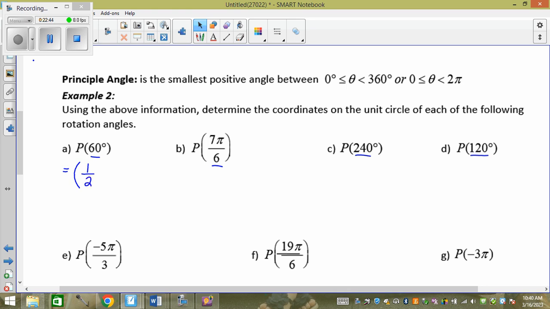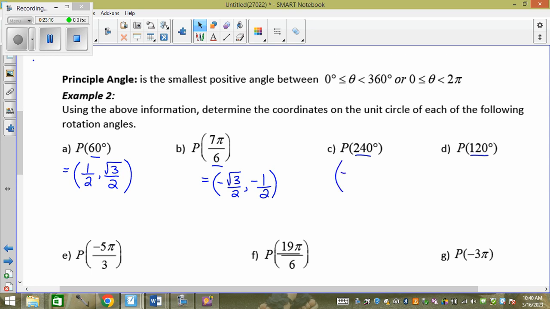60 is at what and what? One half and square root 3 over 2. 7 pi over 6 lands in quadrant 3, so they're both going to be negative. And what are they going to be? Negative square root 3 over 2 and negative 1 half. 240. 240 is going to be at what?